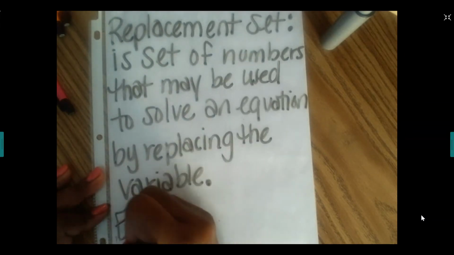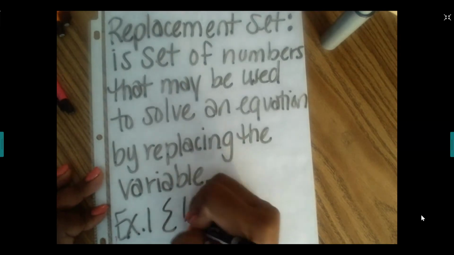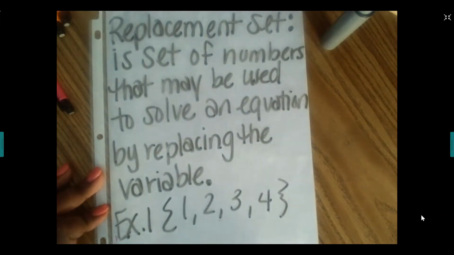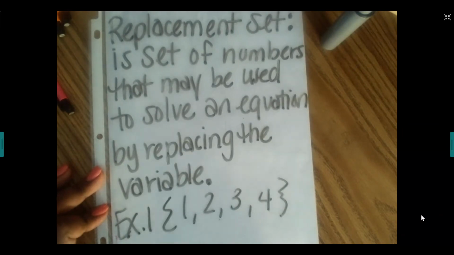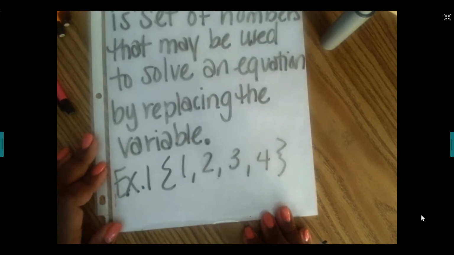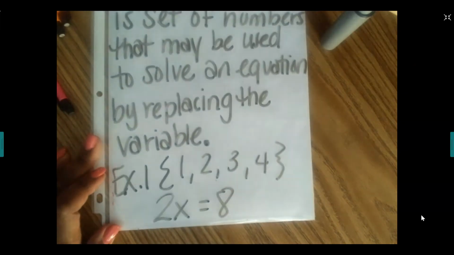Example 1. We're still using that same replacement set. Ain't nothing changed. 2x equals 8.